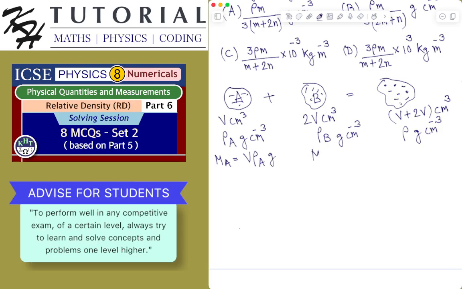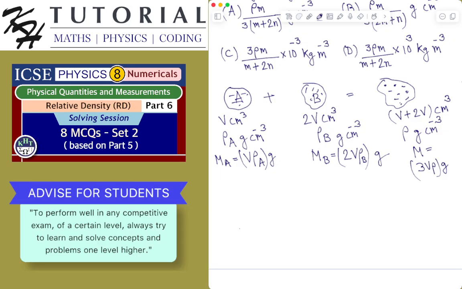And the mass of the resulting mixture, if I consider it to be M, will be equal to 3V rho gram.